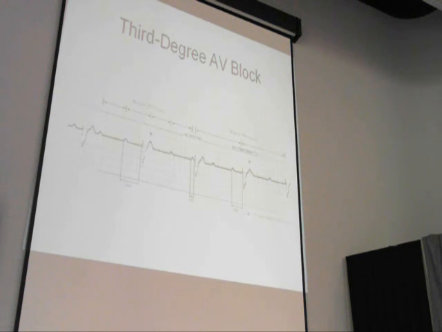In third degree or complete heart block, the atria and ventricles are not communicating, and the ventricular rate is 20 to 40 beats per minute.